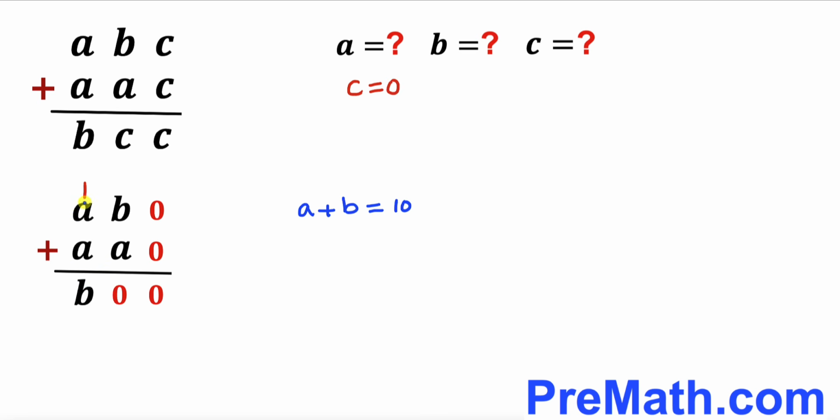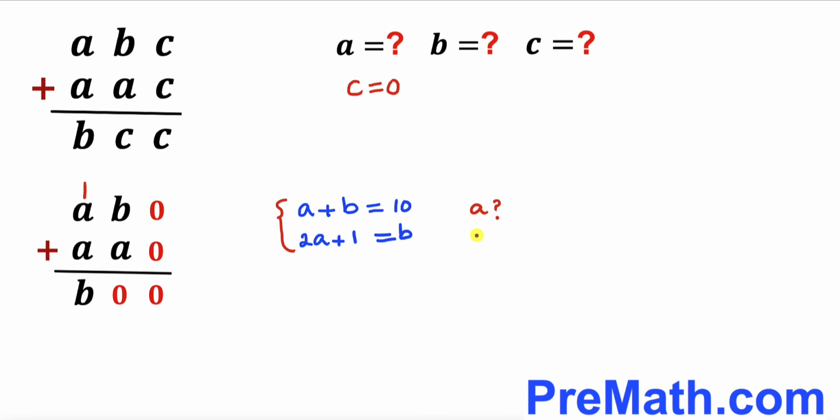So 2A plus 1 is equal to B. Now we have a system of two equations with two variables, A and B, and we are going to solve this system.